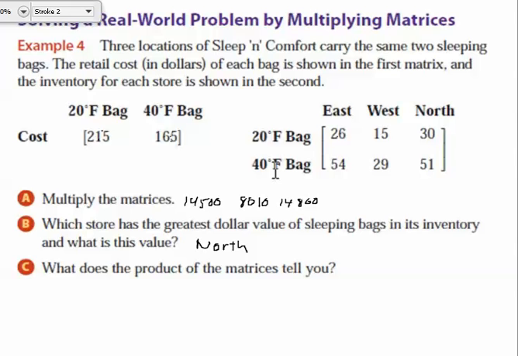The product tells me the value of the inventory at each store. So it's telling you what the value of the inventory is at the stores. Hmm. Cool.